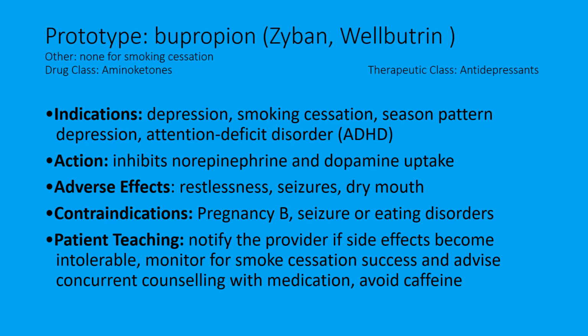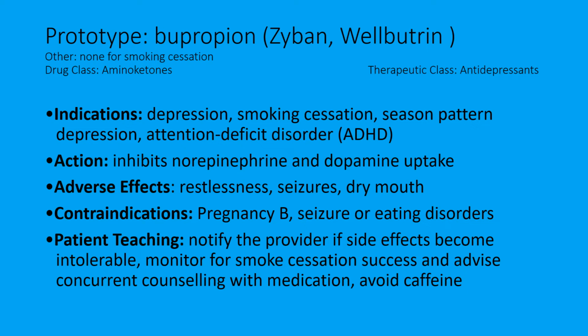So first one here, bupropion, is a well-known antidepressant. And we discussed this in the antidepressant module. As an antidepressant, it is known as Wellbutrin, which is the brand name. As a smoking cessation medication, it's called Zyban as the brand name.